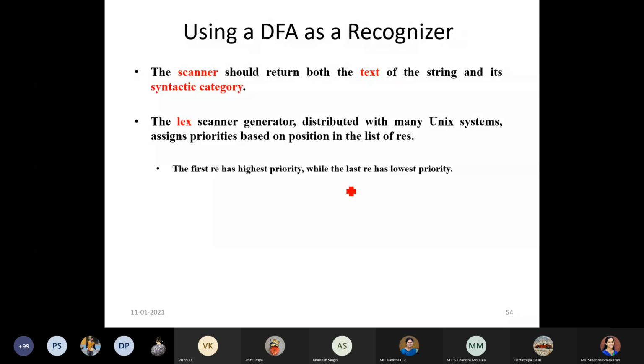Once you get this minimized DFA, we have to get our code generated. The scanner, basically, when you give your regular expressions, generates the equivalent code for it.